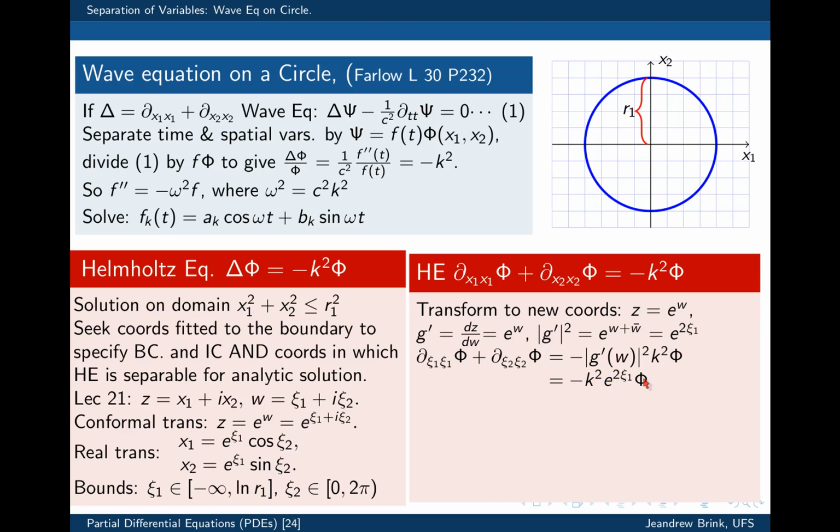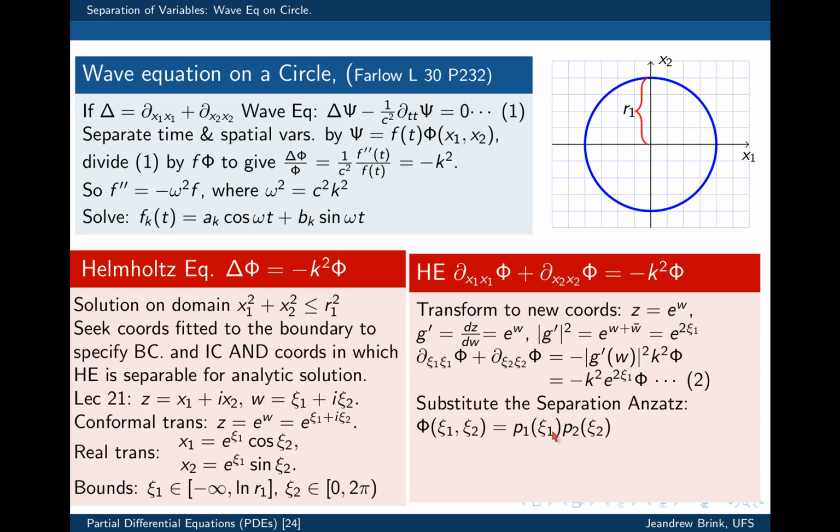The great thing is that this equation is actually separable. The way we're going to go about it is simply to make the separation ansatz, and we're going to say phi of c1 and c2 is just the product of two functions of the independent variables independently.